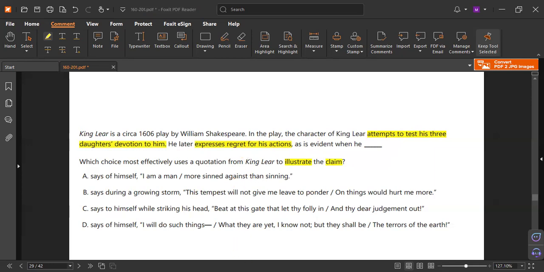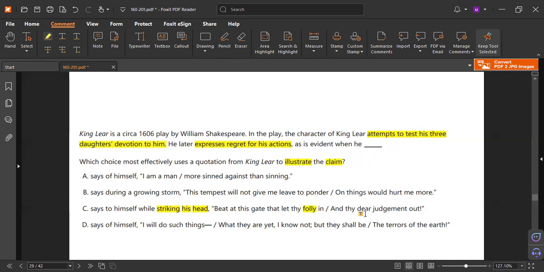Let me help you. Look for letter C, striking his head. So when I strike my head against something, I repeat the action. Beat at this gate that let you fall in. He talks to himself, you falling. He describes himself as foolish. You are such a fool.